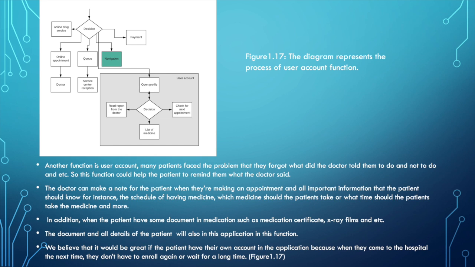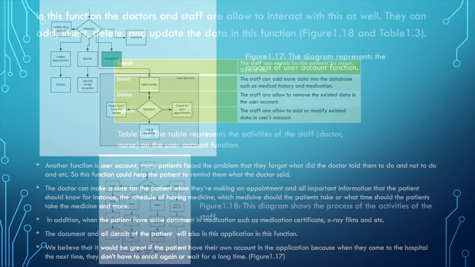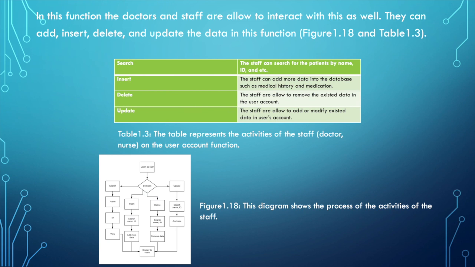Plus, in user account, users can see their medical documents such as X-ray, result, and medication certification. In this function, the doctor and nurses are allowed to interact as well to add, insert, delete, or update some information of the patient, as shown in the picture below.